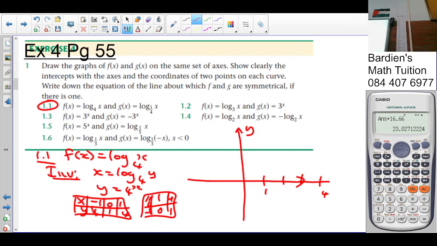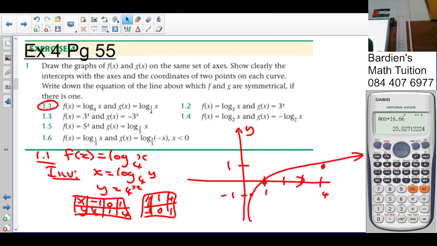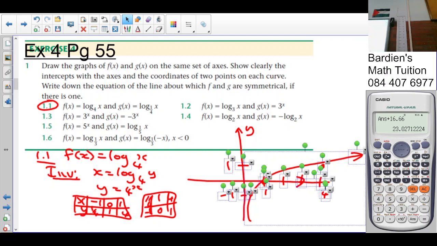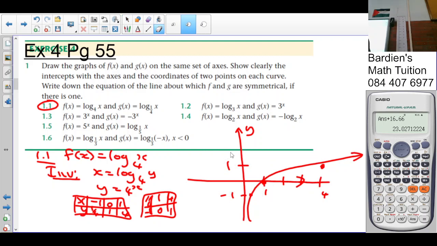So a quarter is with minus 1, 1 and 0, and 4 and 1. This point of 4 and 1 is a bit on the graph, supposed to. So this is the graph of f.